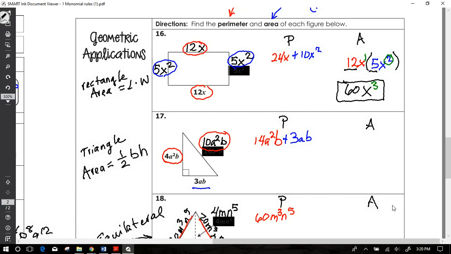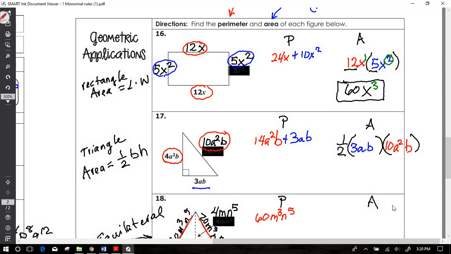Now let's try to find the area of the triangle. It's going to be 1/2 base times height. Okay, so my base is 3ab and my height is 10a squared b.